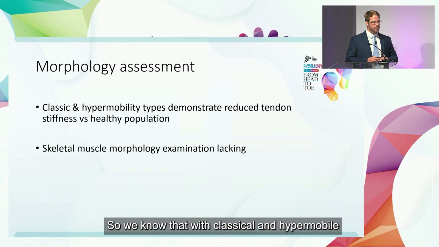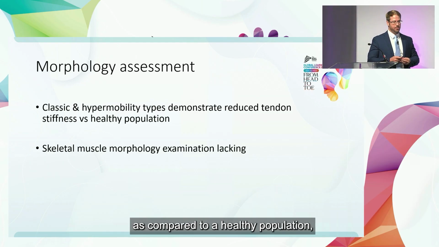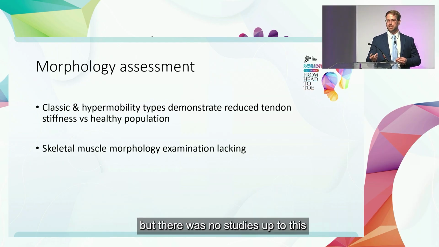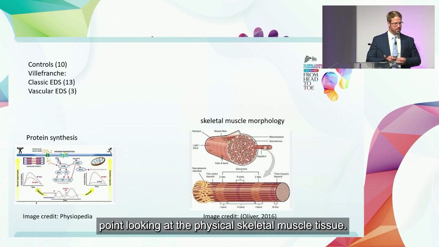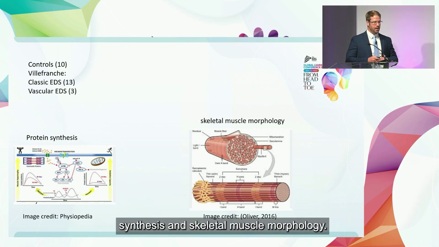We know that with classical and hypermobile types, there is a reduction in tendon stiffness compared to a healthy population, but there were no studies up to this point looking at the physical skeletal muscle tissue. So they looked at protein synthesis and skeletal muscle morphology.